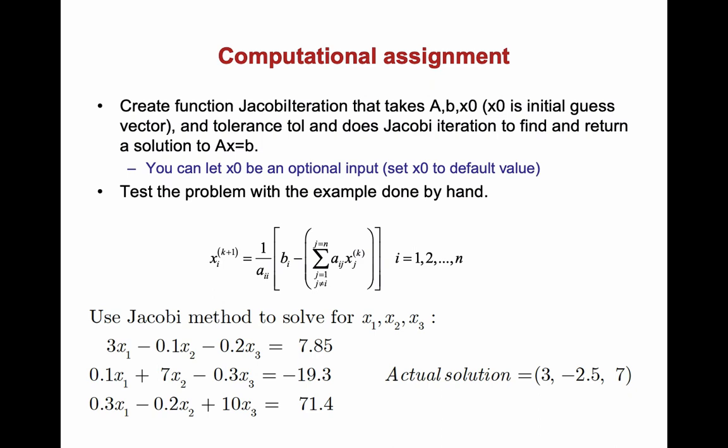I think now you see why in exam 1 we had these sort of examples to implement in Python without knowing what they were really. x new of i, this is x old of j, these are my a_ij's, b of i.